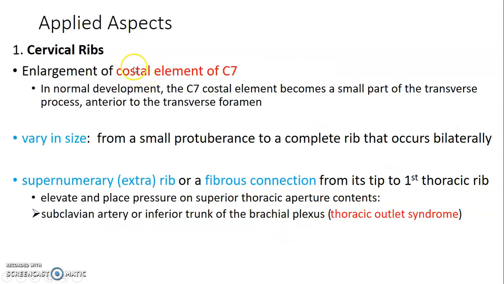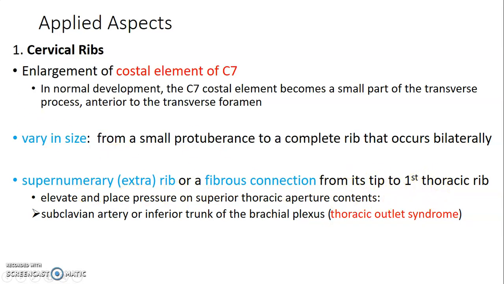Other applied aspects of the vertebral column: you have cervical ribs. These are ribs in the cervical region instead of the thoracic region, mainly at the C7 region. They may vary in size and may be supernumerary, or extra, where you have a rib, or you can have a fibrous connection from the tip of this rib to the first thoracic rib.